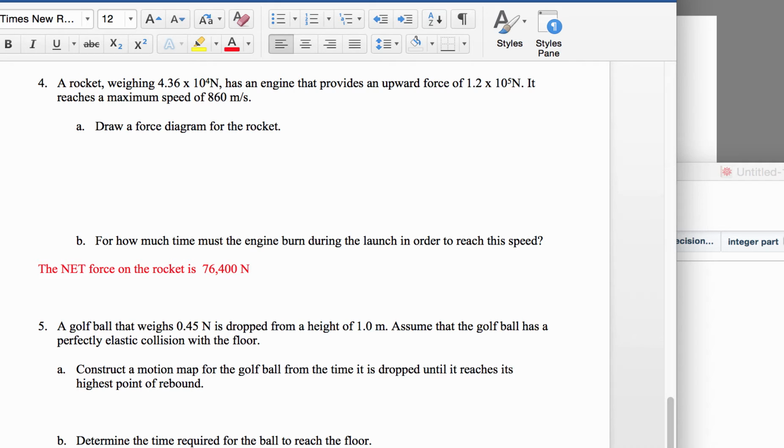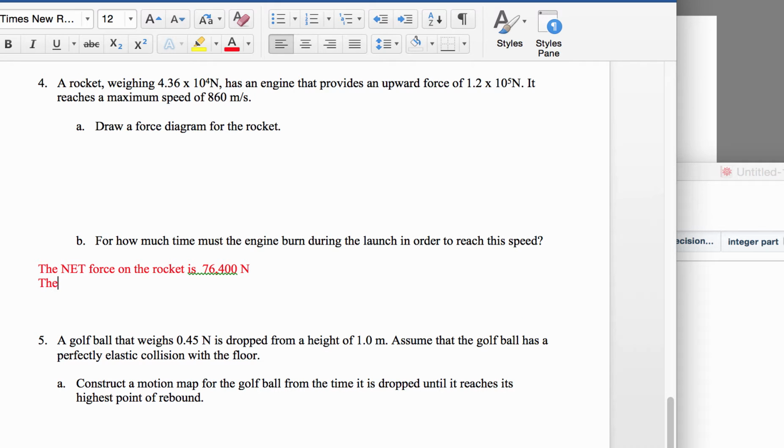newtons. Now I also know the mass of the rocket, assuming that this rocket is on Earth. If you did this problem where you assume the rocket wasn't on Earth, then it wouldn't have a weight, but maybe the rocket had a weight on Earth and then maybe it was in space.